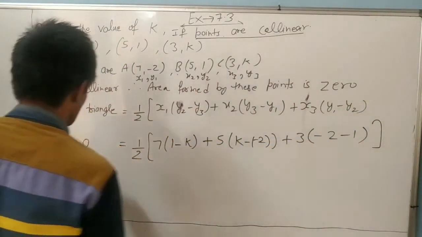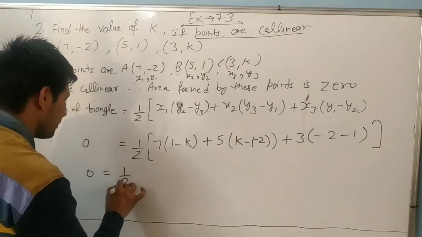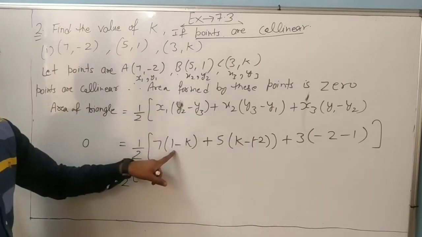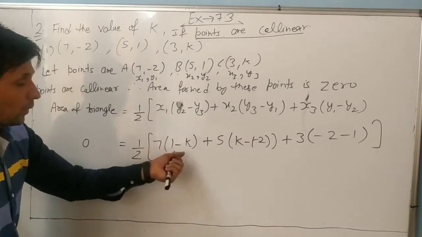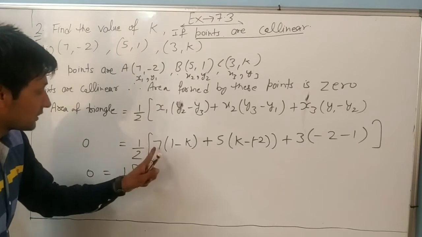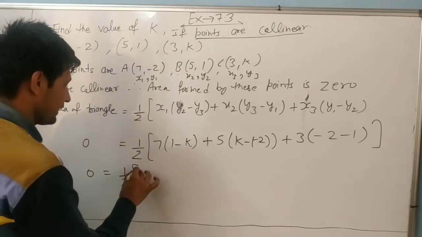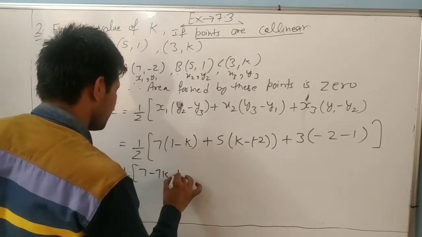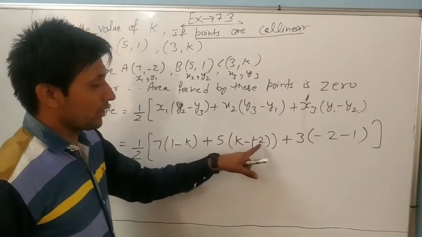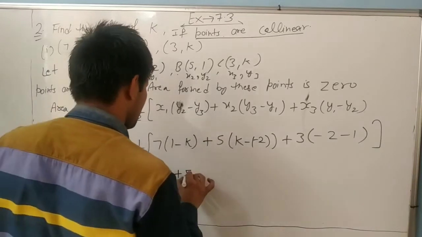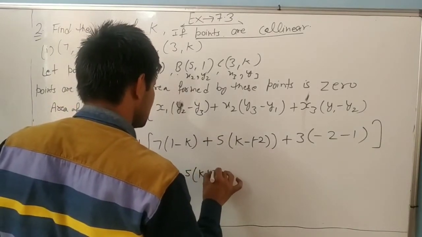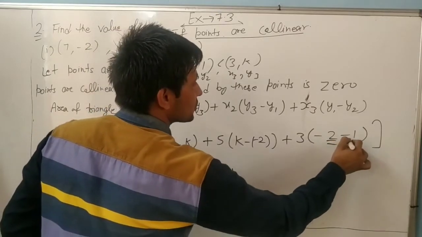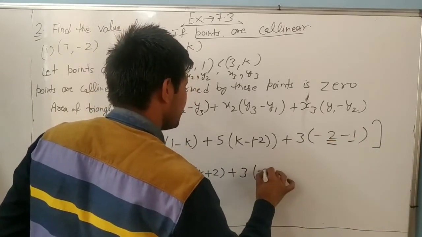So 0 equals 1/2 times, 7 into (1 - k). Open the bracket: 7 into 1 is 7, positive into negative is negative. Again plus, negative into negative is positive, so 5 into (k + 2), plus, -2 minus 1 becomes -3.